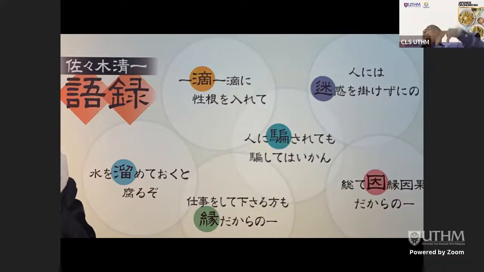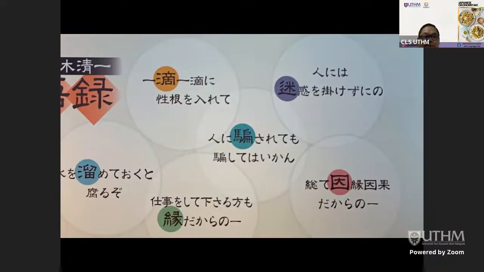So please appreciate everyone that you know or have dealings with. And this is a very interesting concept on the left hand side, which means the thing that you do will bring good to you. The good thing that you do, that good will come back to you.